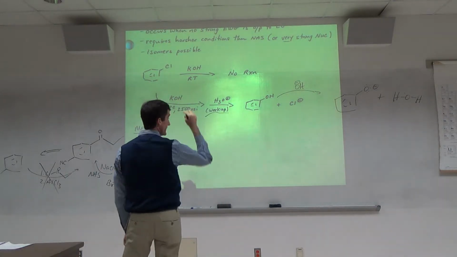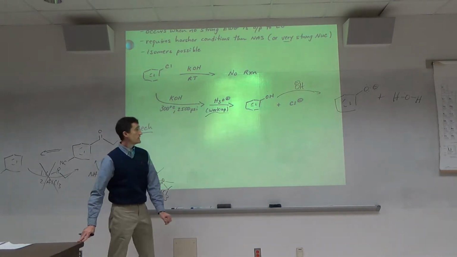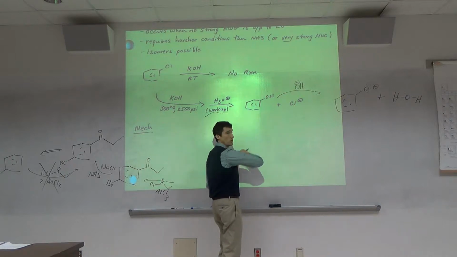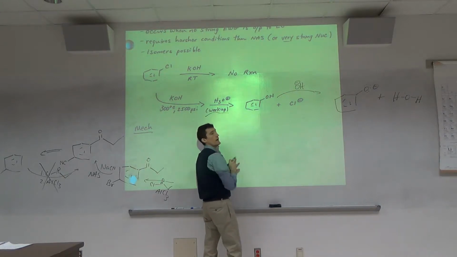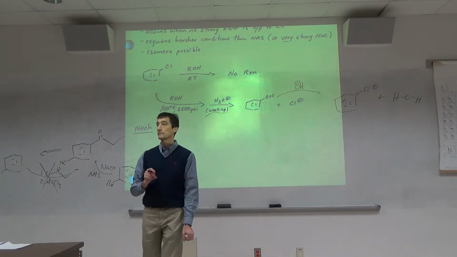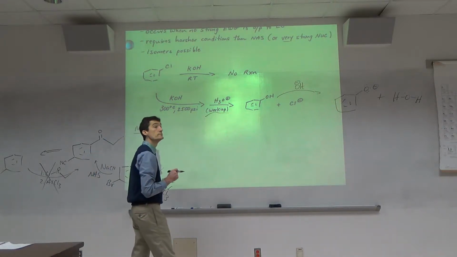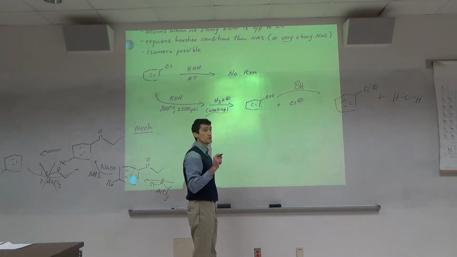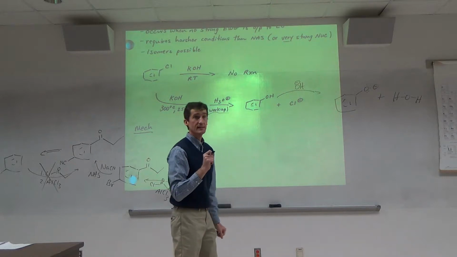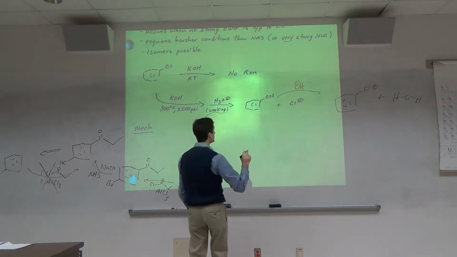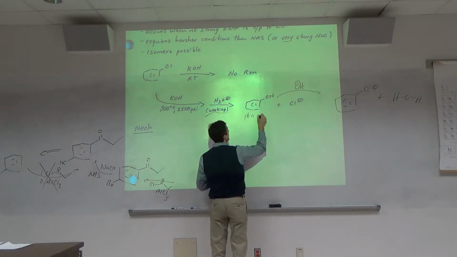You got hydroxide here. What's the pKa of a phenol? Carboxylic acid is about 5. Phenol is about 10. The last page in the workbook shows that. pKa about 10.